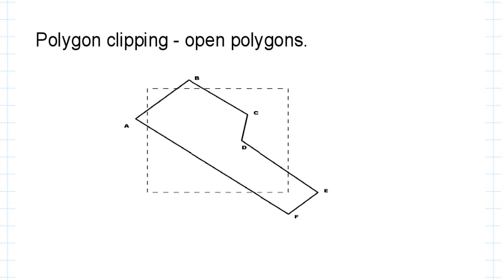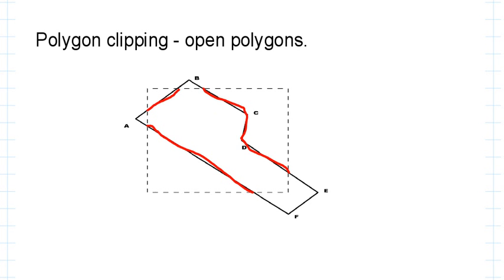Now look into another situation. What will happen in this case? These are the clipped line portions, right? Once you apply the line clipping algorithms to each and every edge of the polygon to be clipped, these are the clipped lines.